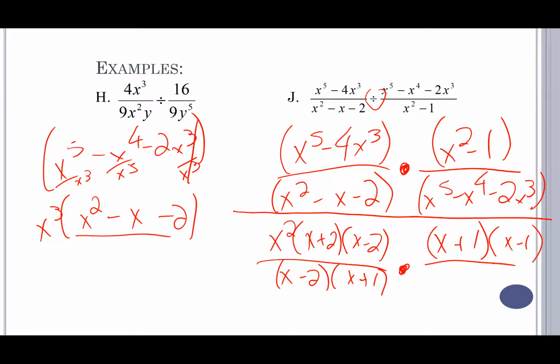So this is still factorable, not by difference of squares, but by product and sum. I'm looking for two numbers that multiply to make -2 and add to make -1. Well, we just did that a second ago. It's the exact same thing, so it has the exact same factors of x minus 2 and x plus 1. But don't forget the x to the 3rd on the outside there.